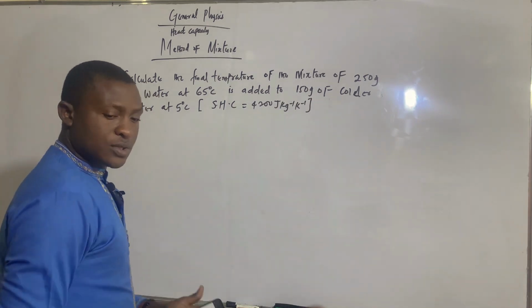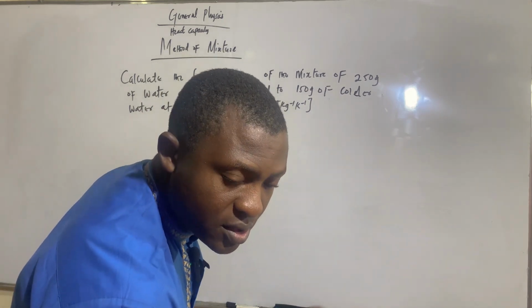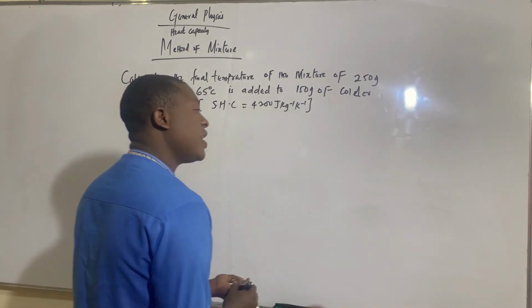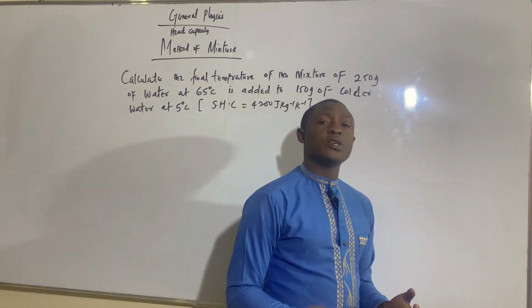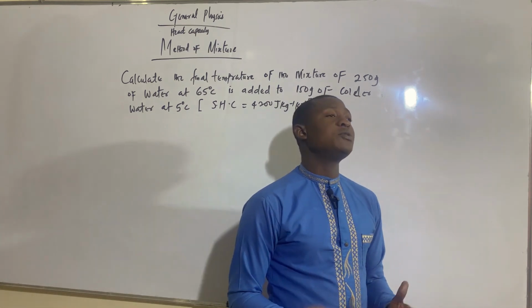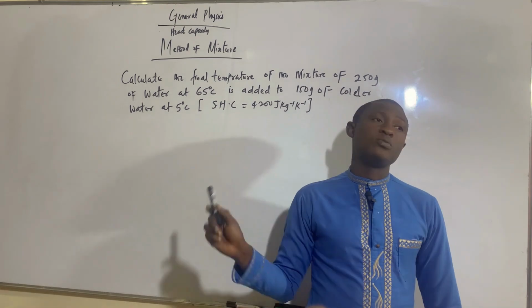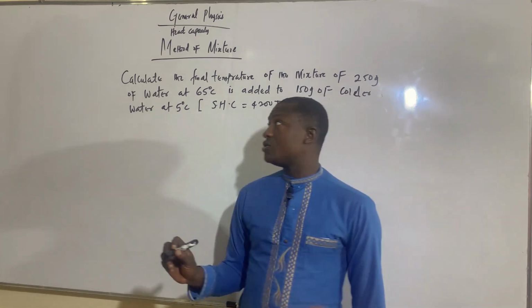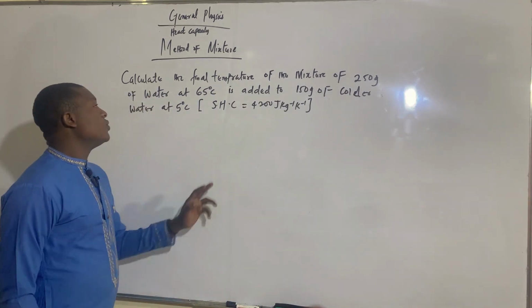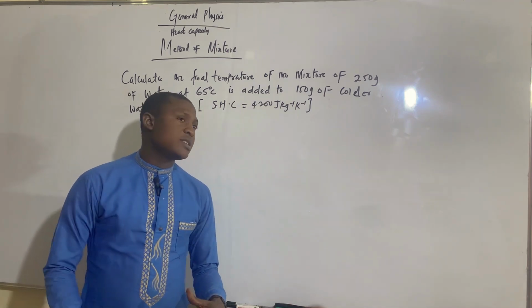So let's look at this. In the problem, sometimes they might not specify which one is the hot one and which one is the cold one, but through the temperature, temperature determines the property of heat. So through the temperature, you will be able to figure out which one will be losing and which one will be gaining between the two. So from the problem, they said we should find the final temperature, that is after the mixture.